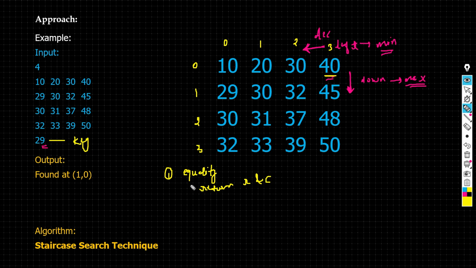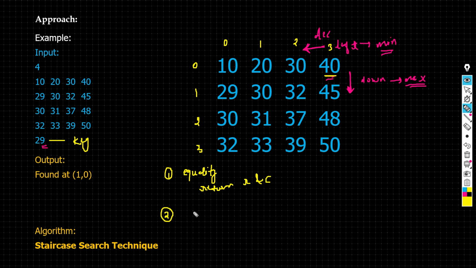Now if it is not equal, like in our condition 40 is not equal to 29, then we will simply compare whether the current value 40 is greater or smaller than the required value.